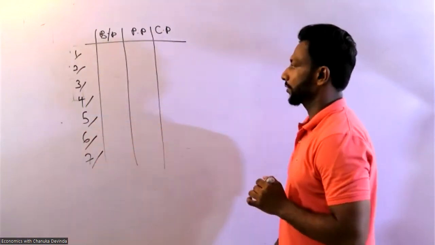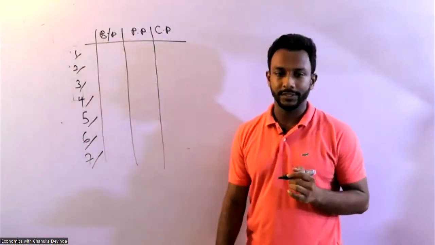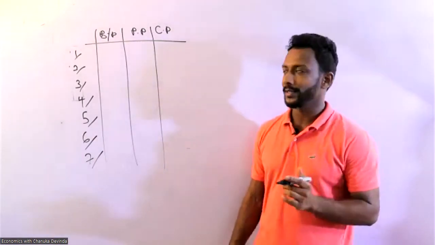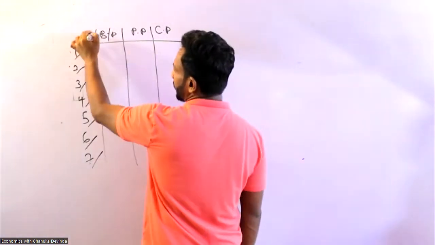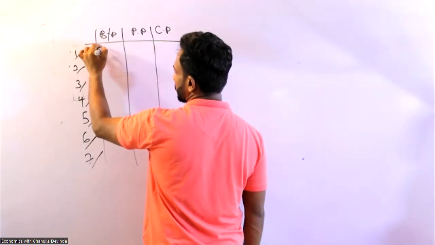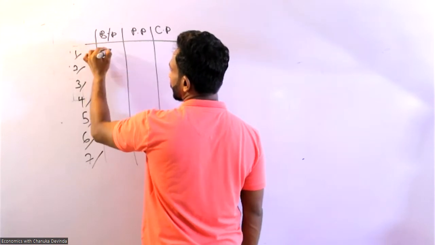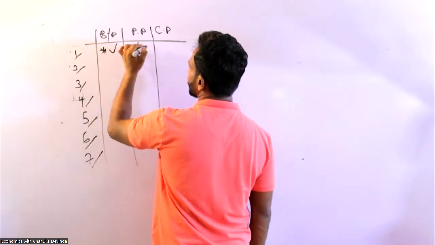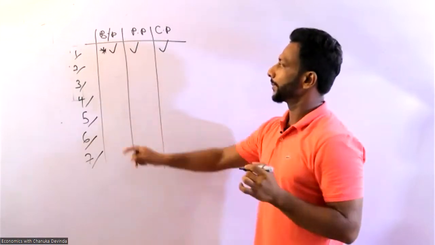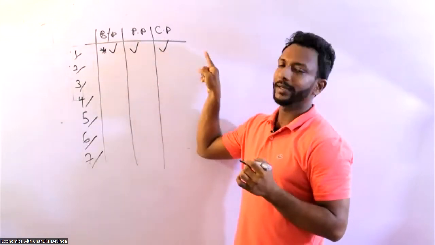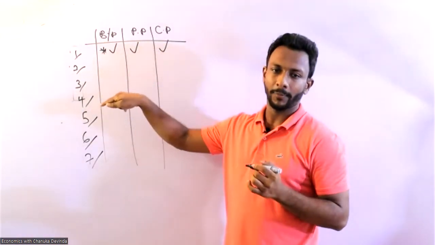Means first one, licensing fees. It is added at the base price, and all three are included, because when it is added here, it means it is included in all three.